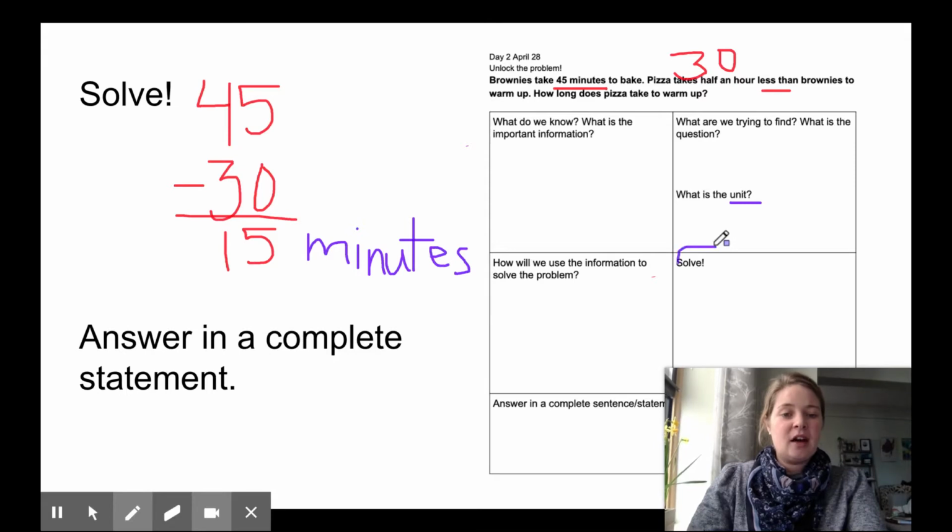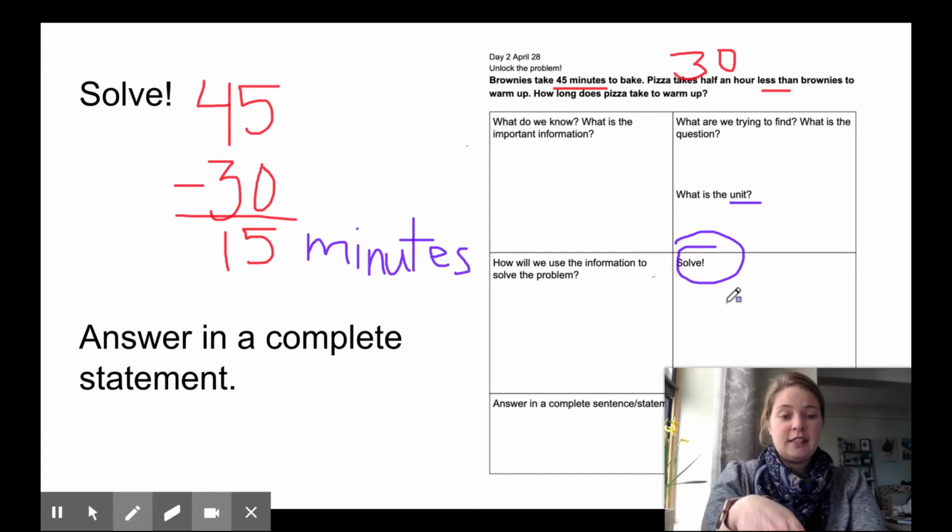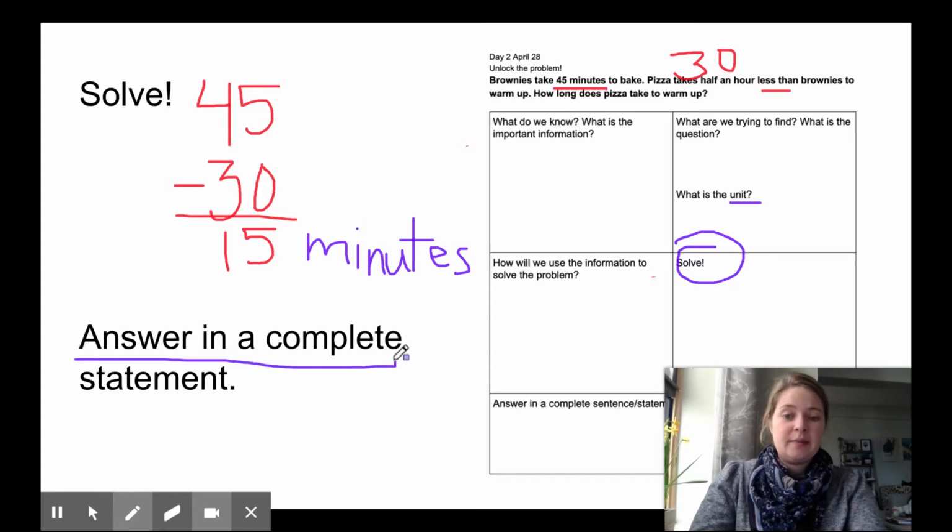I need to see all your work in this box. Otherwise, I don't know how your brain worked. If your brain worked differently than my brain, that's okay. Your solve can look different, but it needs to show everything that you thought. The last thing you need to do is answer in a complete statement.